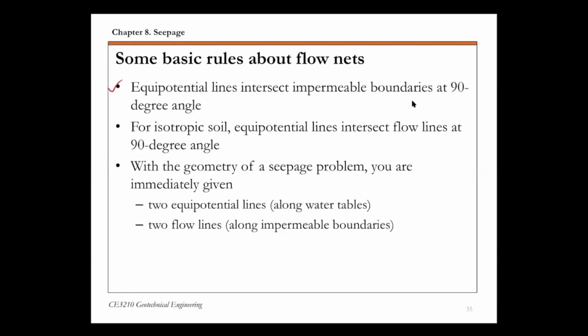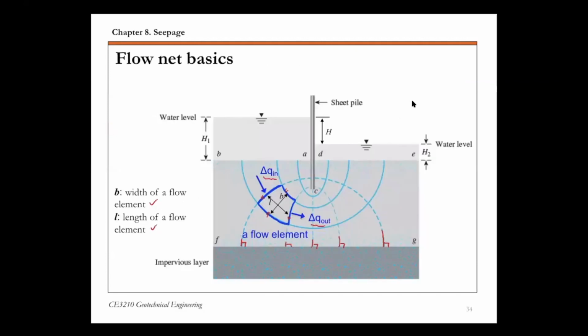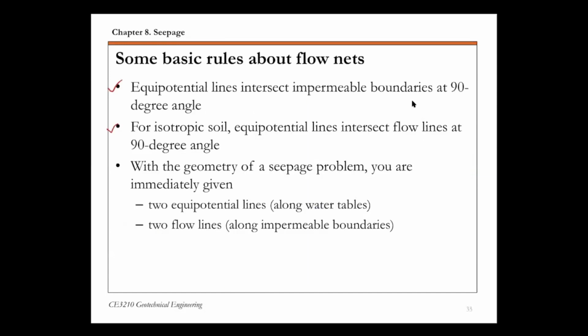And for isotropic soil, equipotential lines intersect flow lines at approximately 90-degree angle. And also, with the geometry of a seepage problem given, you immediately know these four lines. So you immediately know two equipotential lines and two flow lines.